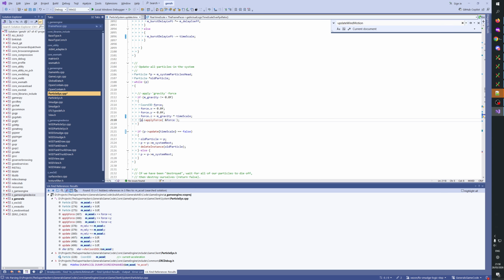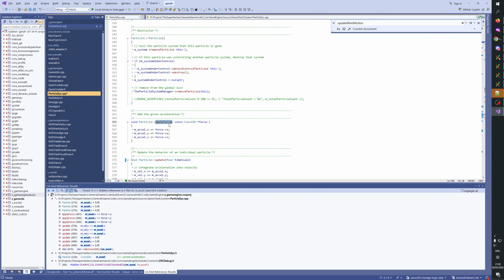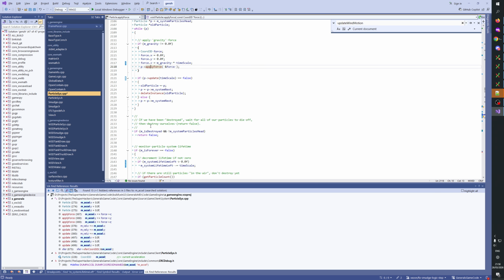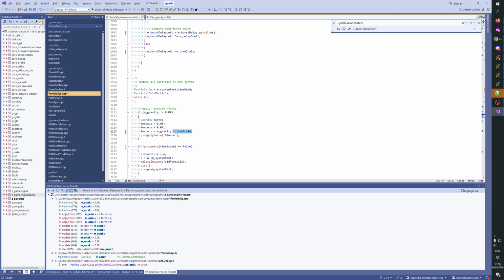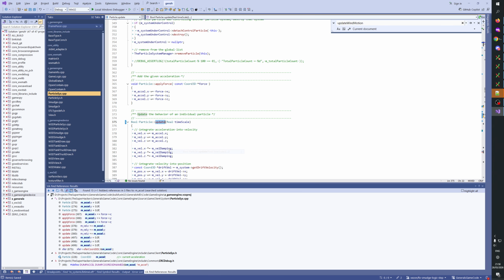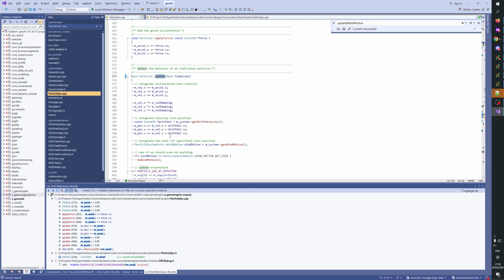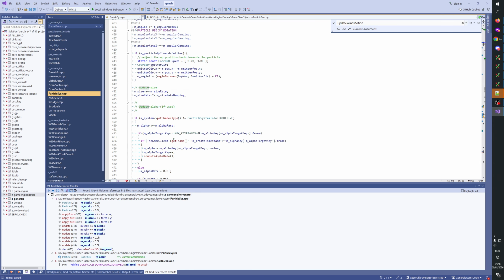Now apply force. Do we have a get on this? No. I would say we don't multiply it here, but we multiply it in here.